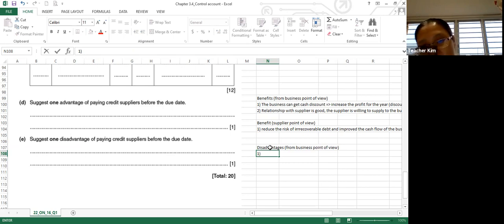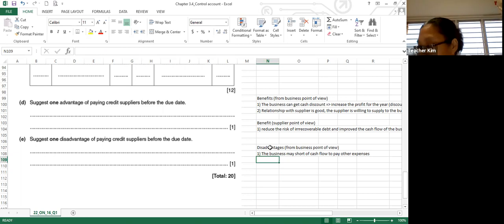So we cannot use it for other purposes. The business may be short of cash flow to pay other expenses. So there is a problem it might have.